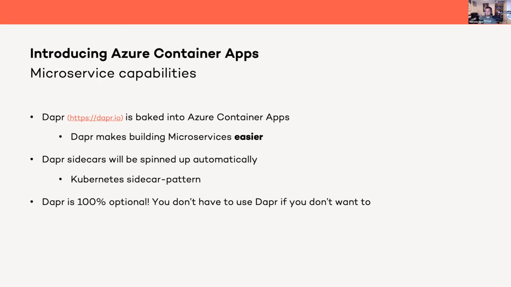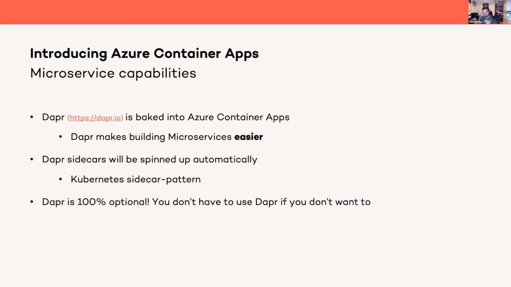Yeah, there's Dapr built in. So what the Azure Container Apps team also did with Dapr is it took the Dapr components specification and brought that into Azure ARM APIs. So you don't have to, let's say, run the Dapr sidecar containers. Microsoft injects them automatically.